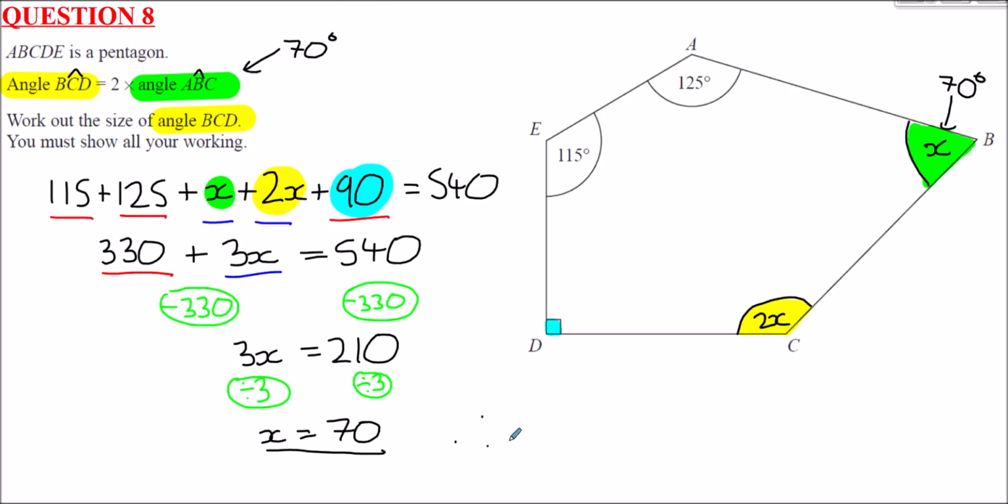So therefore, angle BCD is one we're trying to find. Angle BCD is 2 times 70, which is 140 degrees. And that's that one done.